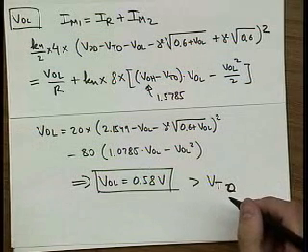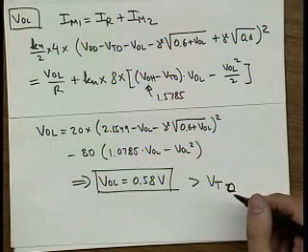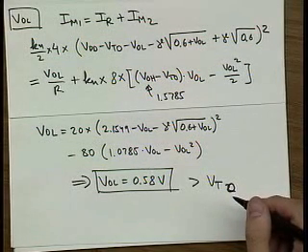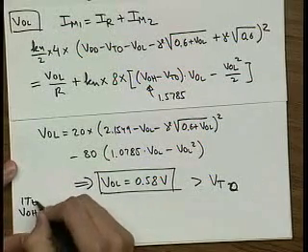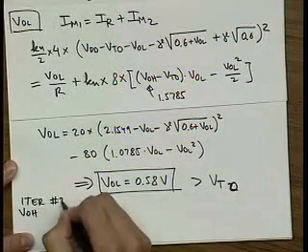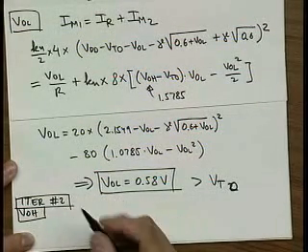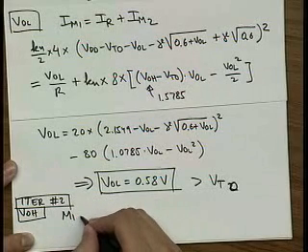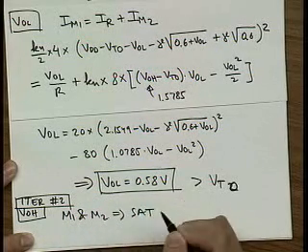So now, since that is greater than VT, you have to refine your approximation for the VOH analysis. So now this is your iteration number 2. For VOH now I have both transistors M1 and M2 in saturation.